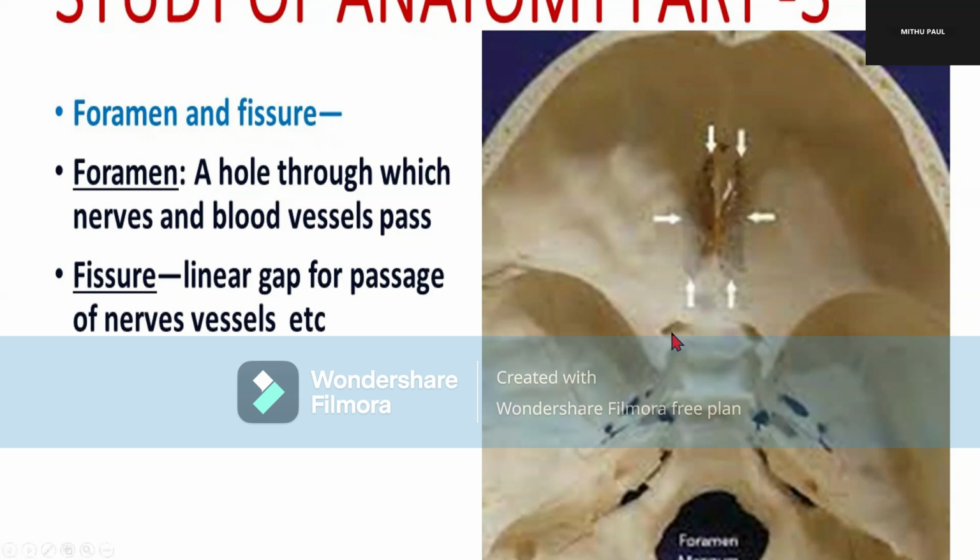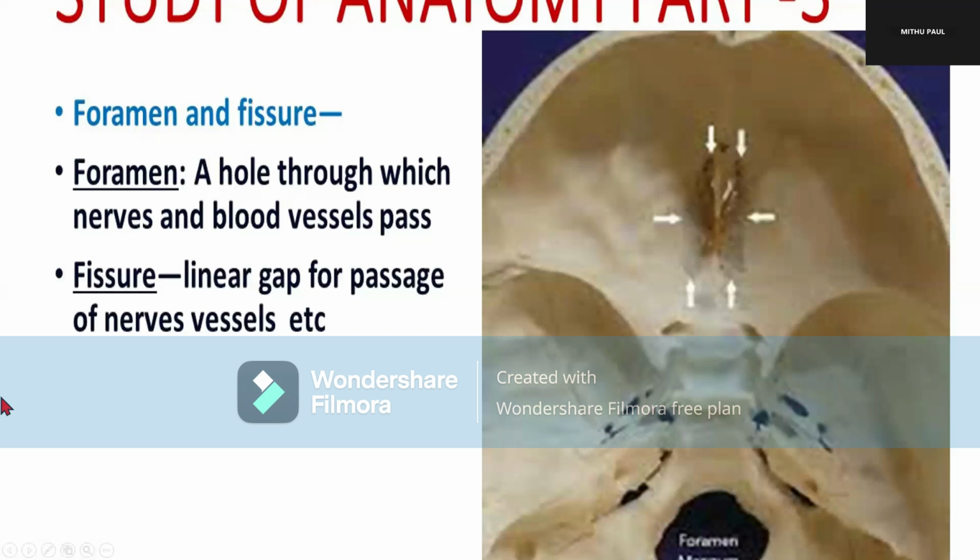These 12 pairs of cranial nerves come out along with some vessels and other structures from inside the cavity through small openings. These are known as the foramens.